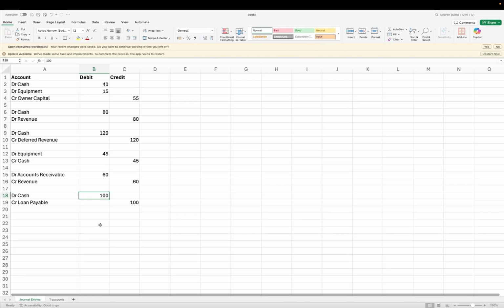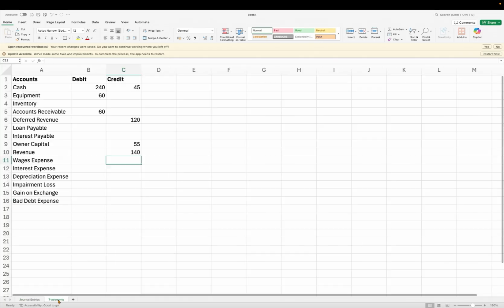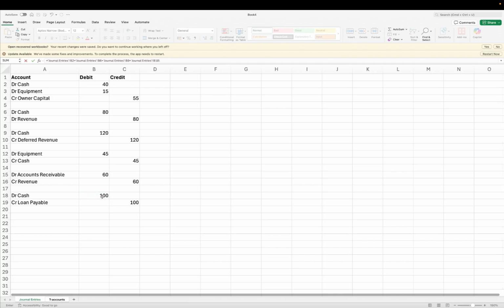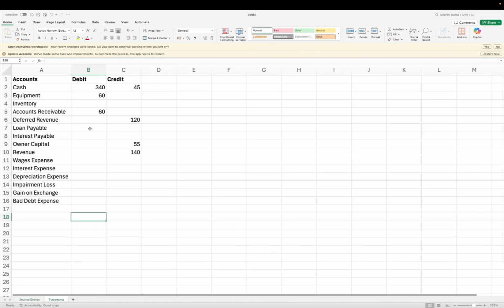Because the cash account already has previous debits from earlier transactions, we combine them again with 100. Yeah, having 340.